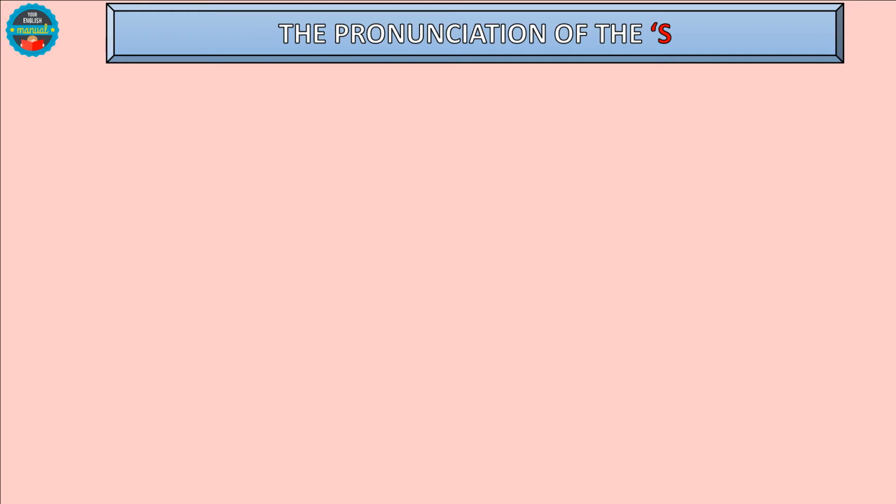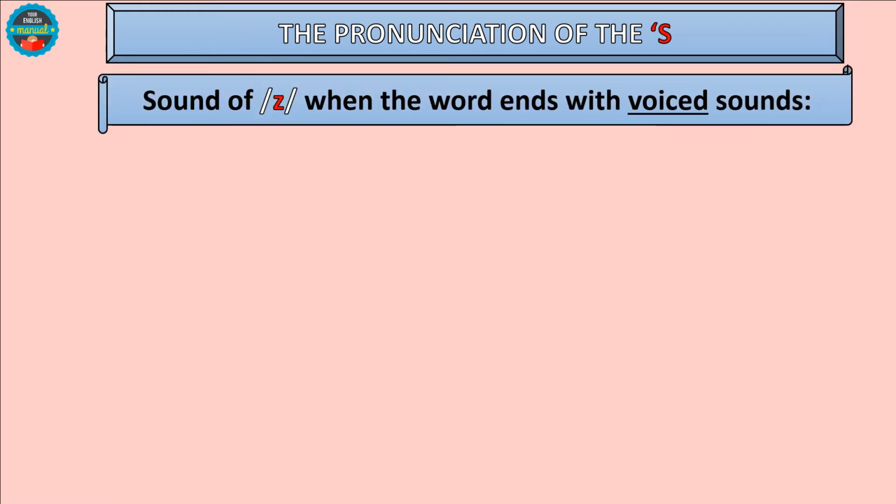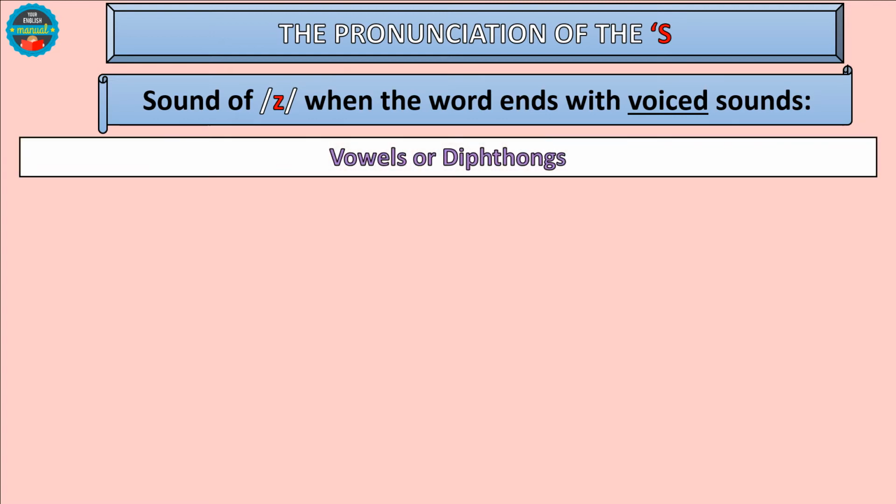The second possible sound is the z sound, that is a sound of z. We'll have the sound when the word in singular ends with a voiced sound, probably because the z sound is also voiced, making it easier to say both sounds together. And what is a voiced sound? Well, any vowel or diphthong sound is voiced.